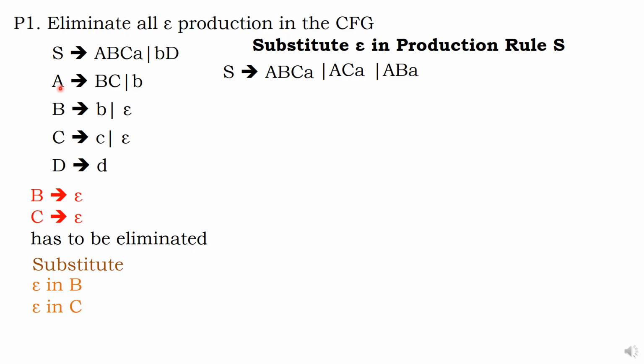In the place of A, substitute BC. After that, immediately in B's place you put epsilon, in C's place you put epsilon, which means you are substituting epsilon in A's place indirectly. Again I am repeating, don't argue.